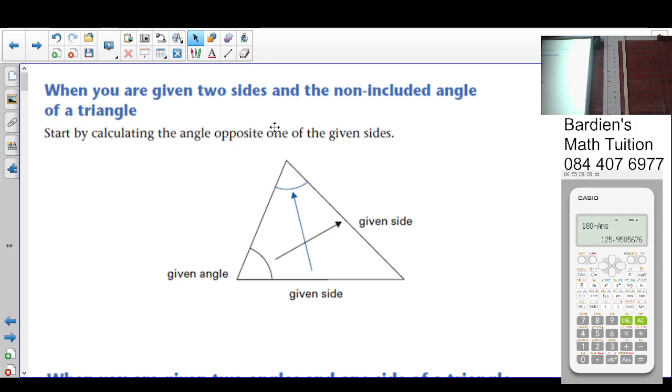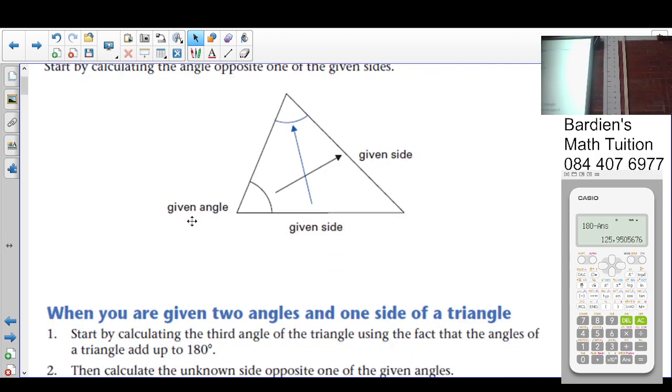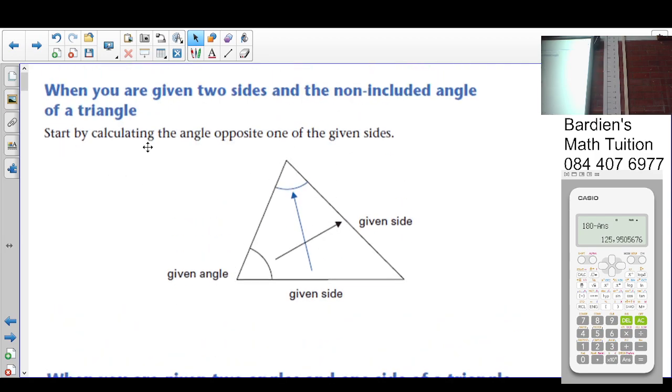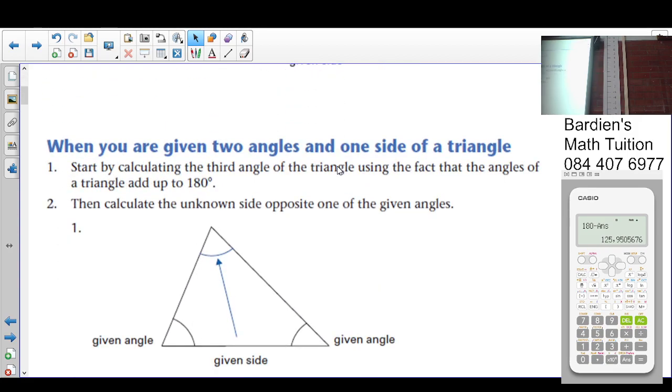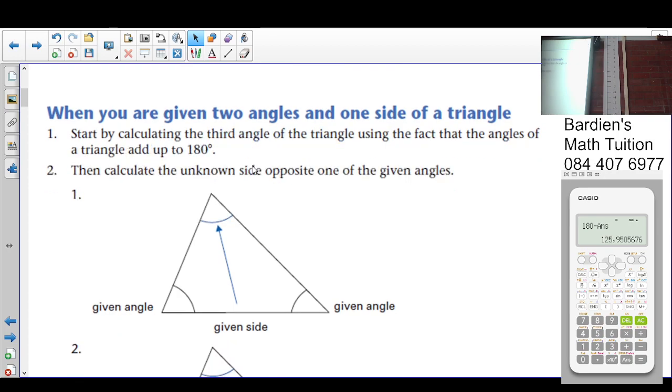When you are given two sides and a non-included angle of a triangle, start by calculating the angle opposite one of the given sides. When you are given two angles and one side of the triangle, you start by calculating the third angle of the triangle using the fact that the angles of a triangle add up to 180. So if you're given two, you can work out the third one.